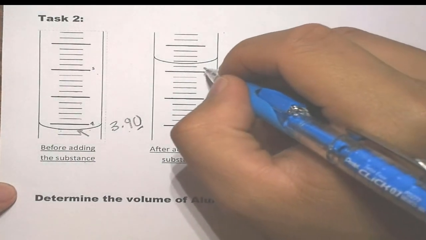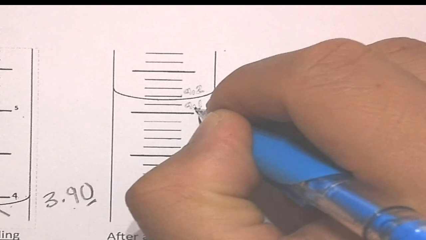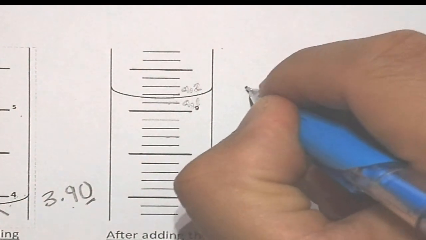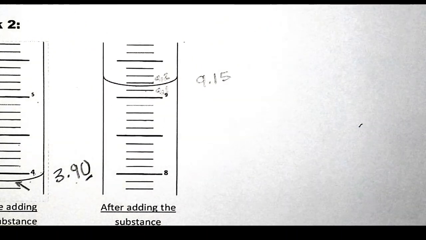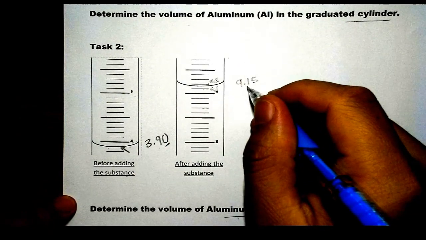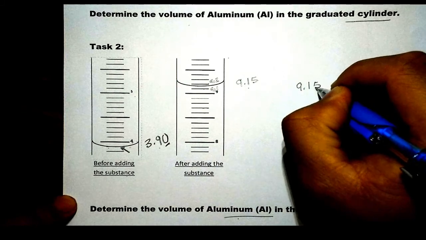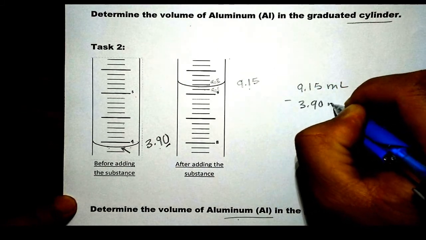Let's go up here. We have 9, so it's 9.1, 9.2. Here I have 9.1 for this line and 9.2 for that one. So what's the distance between those two? Of course, 9.15. And again, let's go back and look at our difference. Basically, you take the final minus the initial, which is 9.15 mL minus 3.90 mL.